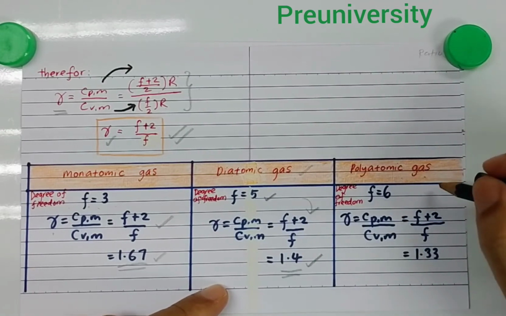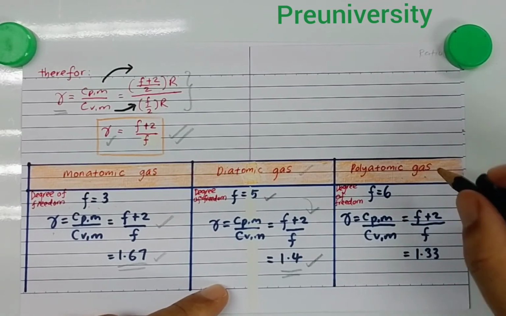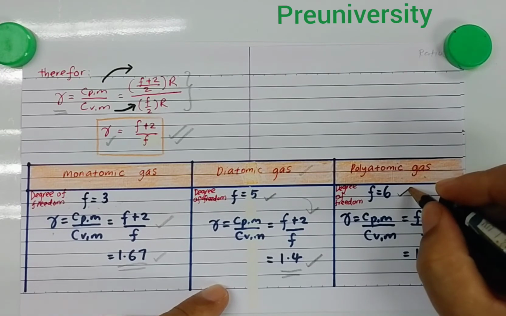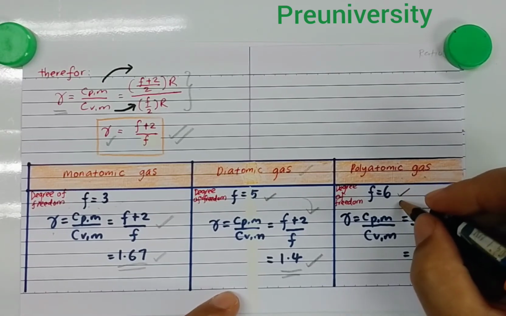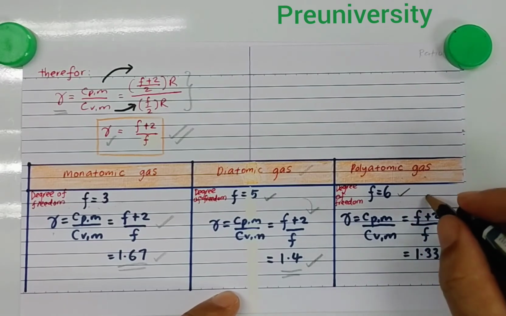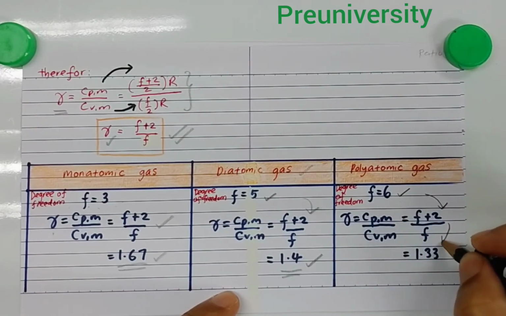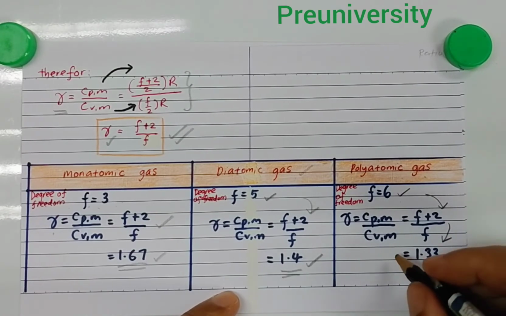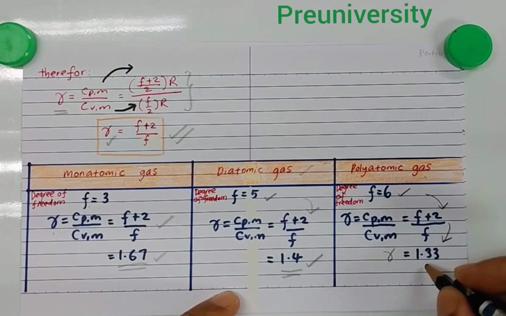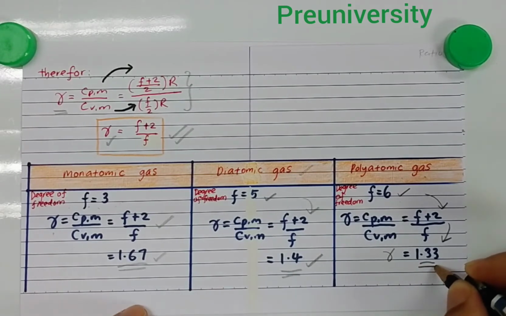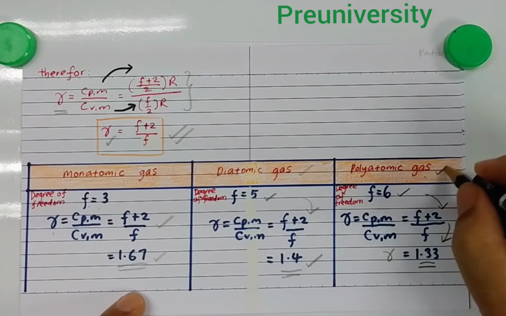For the polyatomic gas, the degree of freedom is F equal to 6. Then we apply it to this equation and at the last we get the ratio gamma equal to 1.33 for the polyatomic gas.